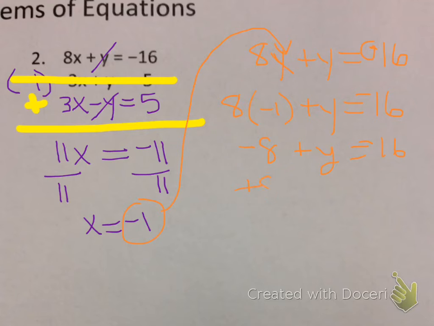So when I add this 8 to the other side, it would be a negative 16 plus 8, which is a negative 8. So if my x value is negative 1 and my y value is negative 8, then my ordered pair solution would be negative 1, negative 8.